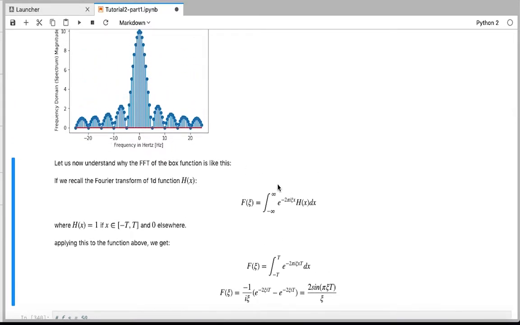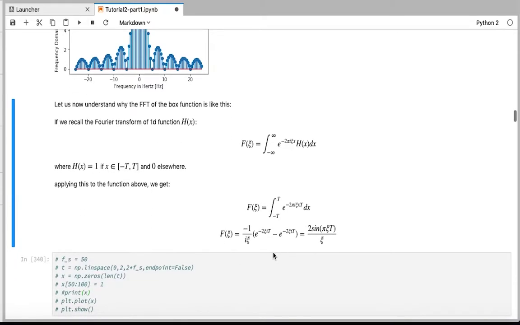This is the continuous version of the Fourier transform. When we build a box function, it means that from an interval of minus t to t, the value of h of x, the function, is 1, and the rest is 0. If you put this in, the 0 part goes away, and you remain with minus t to t, and you have to take the integral of this.